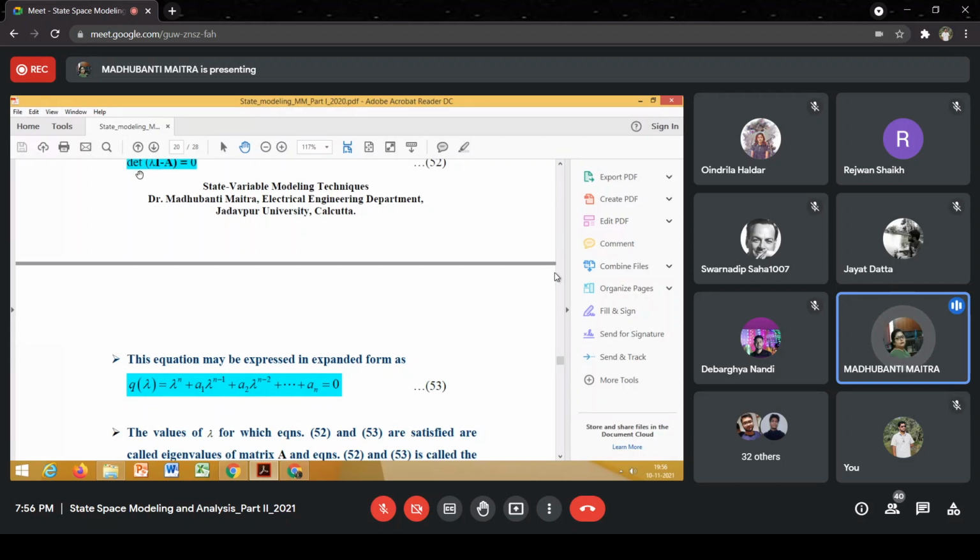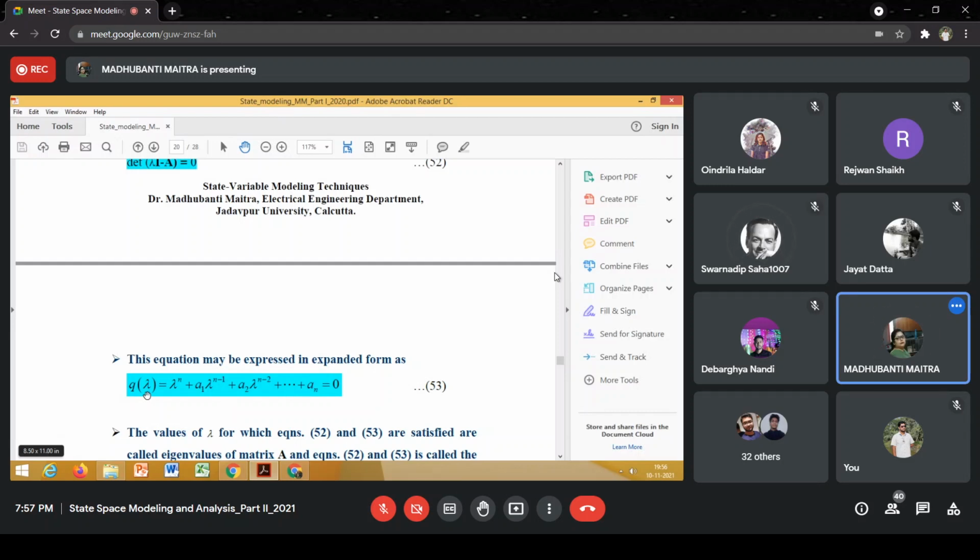So if we apply the same logic, the left hand side will result in an nth order polynomial, and the polynomial now will be a function of this variable lambda. Do you agree?